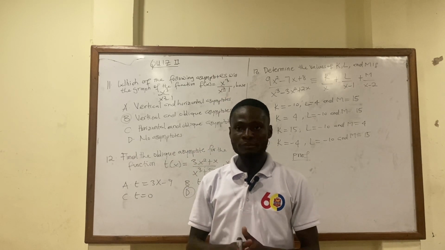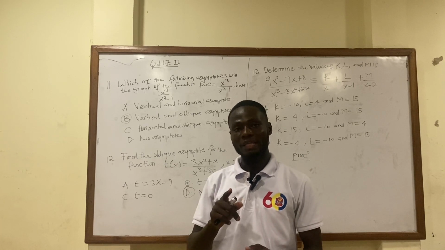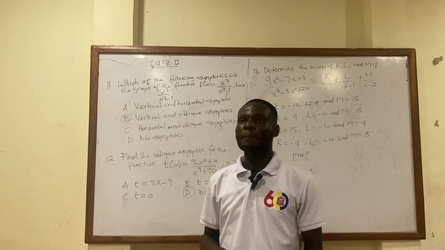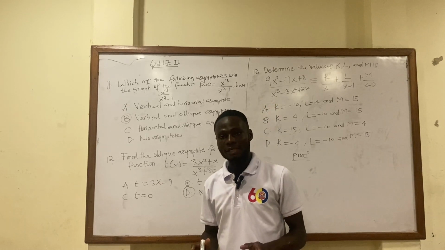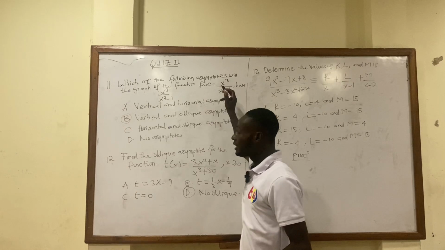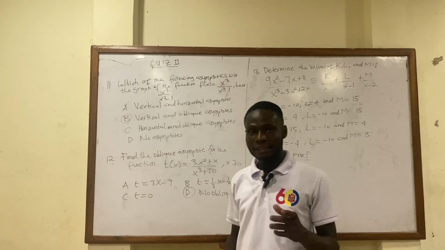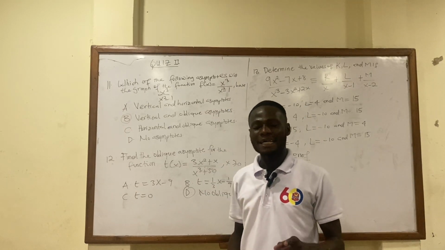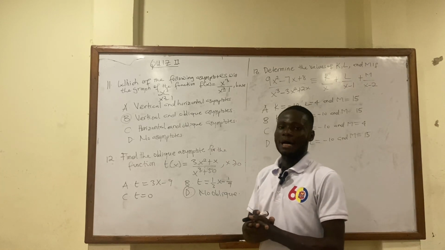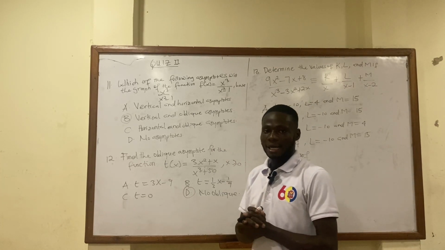However, if the degree of the numerator is greater than the degree of the denominator exactly by 1, then we say there is an oblique asymptote.